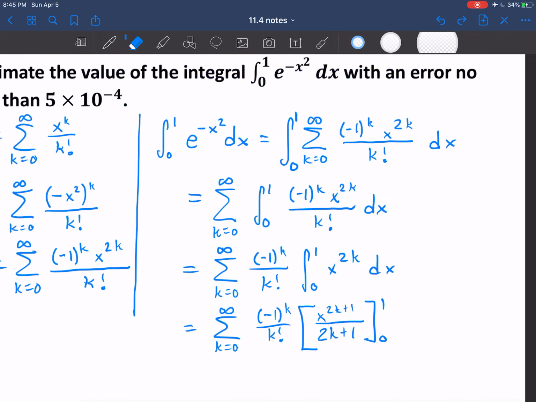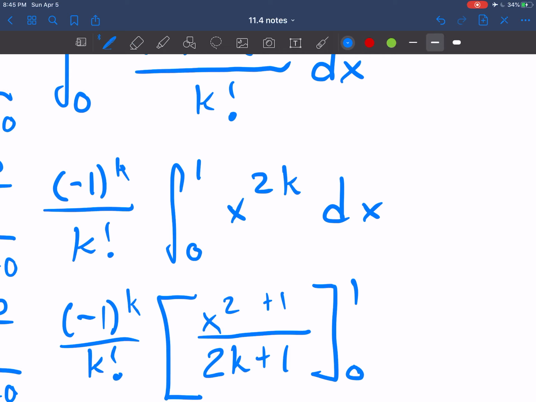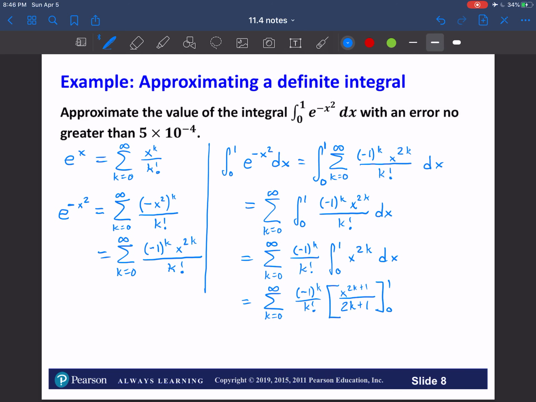Okay, let me make this a little clearer. All right, and we are going to now plug in this 0 and 1 for x. So be careful, the variable that we were integrating with respect to was x, not k. So we're going to plug in 1 in for x, and then 0 in for x, and see what happens.